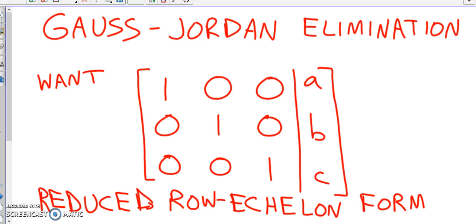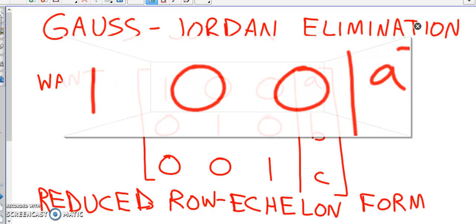All right. Now the cool thing about this is, if you think about what this first equation right here represents, x plus 0y plus 0z, so just x, equals a.